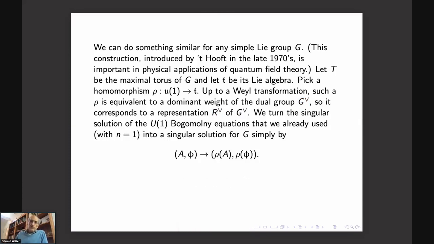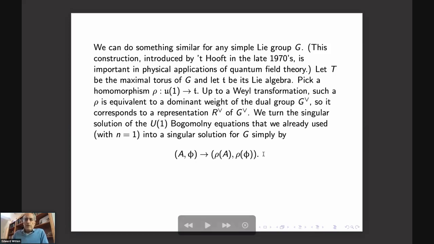So now we turn the singular solution of the U(1) Bogomolny equations that we already used, but for the case n equals 1, into a singular solution for G by simply mapping U(1) to G via this embedding rho.